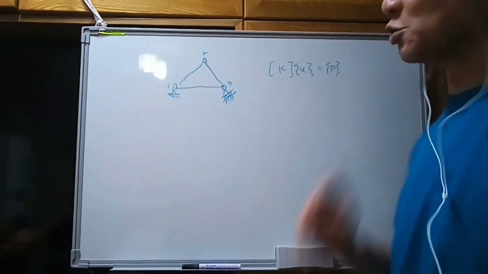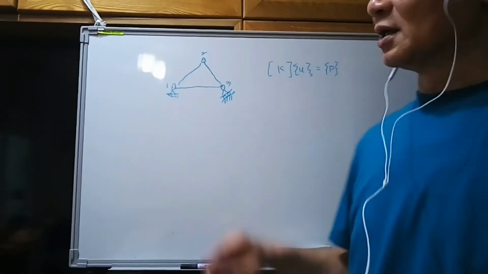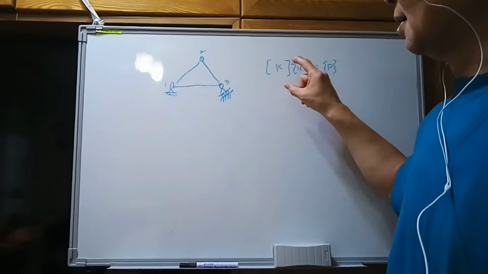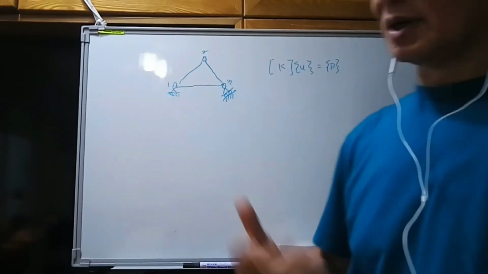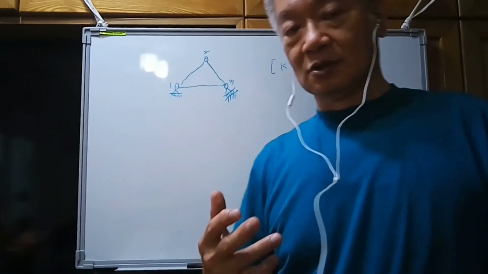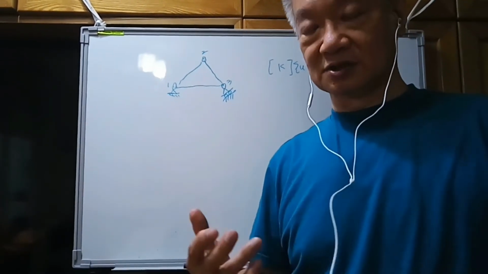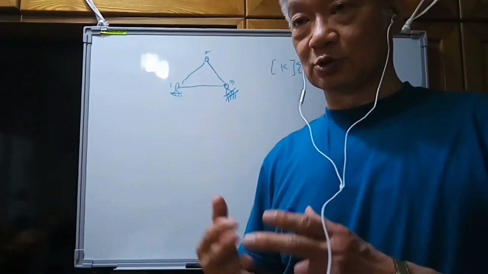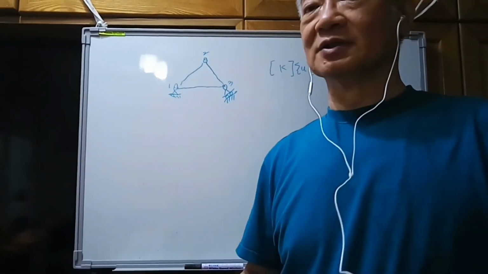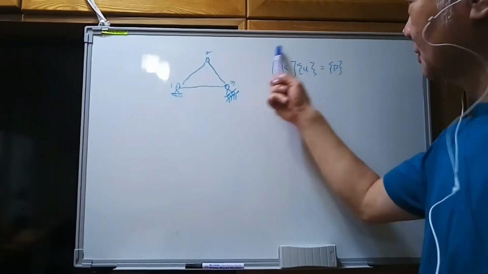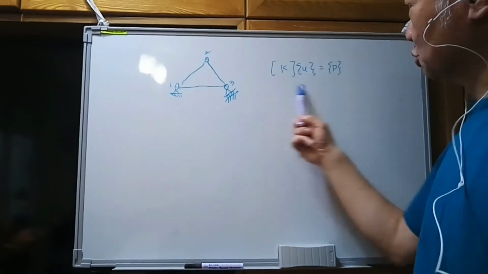That's the K matrix. And for the common solution steps, we will use the global components to consider the contributions from different elements. Okay, so that's the usual solution procedure.